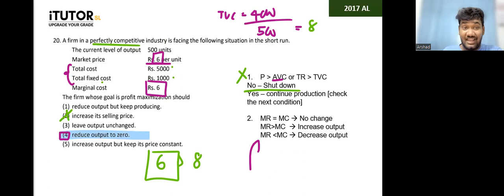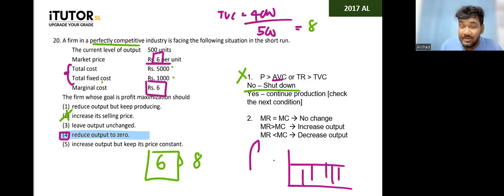Think, if they reduce, can they increase the demand? No. A perfectly competitive firm can sell any number of units at the given price. Can a perfectly competitive firm increase their price? They can't, because if they increase price, people will go to the other firms. But will they reduce the price? They won't, because of this.